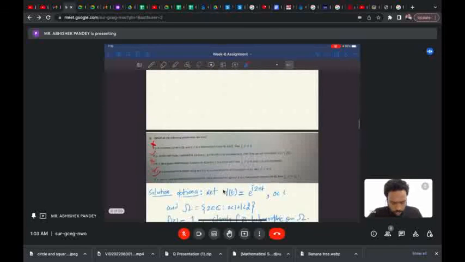Now let us look at the last option. If gamma 1 and gamma 2 are homotopic curves with fixed endpoints and f is holomorphic, then the integrals will be equal.